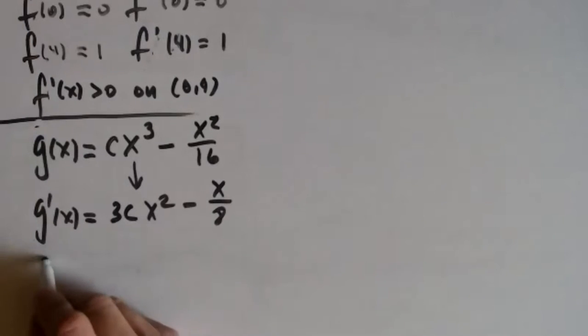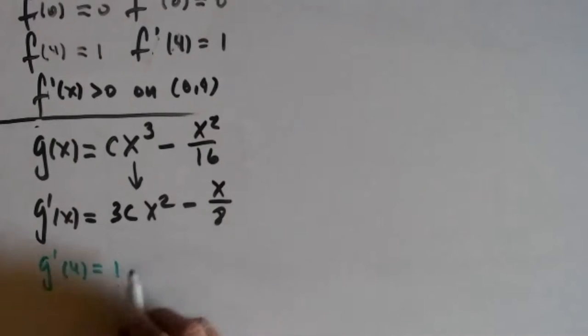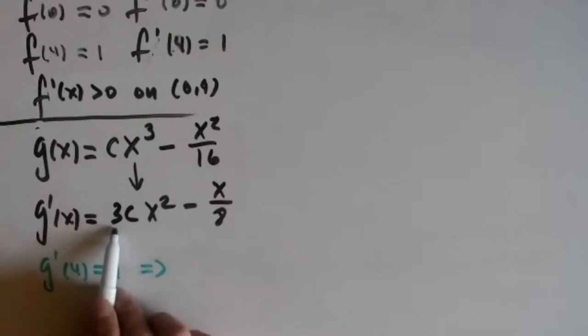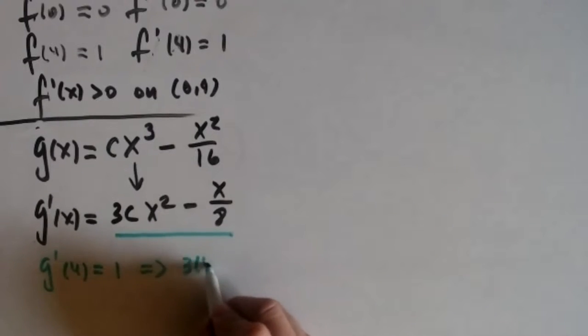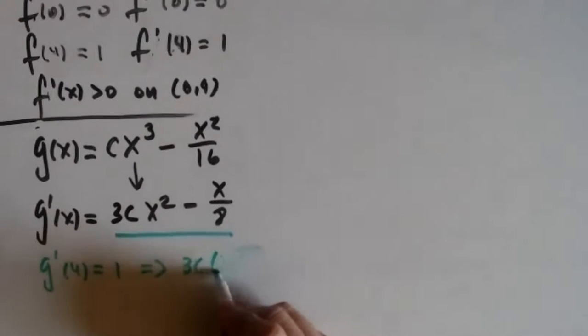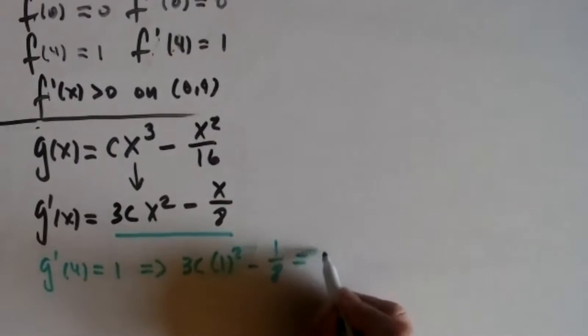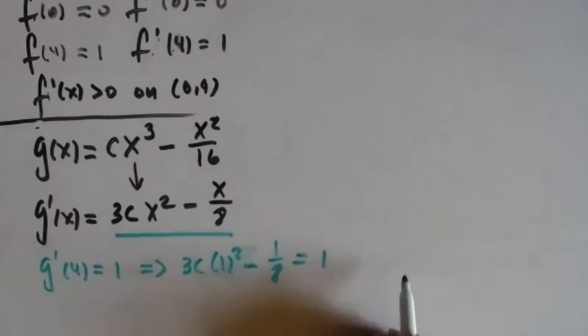Now I want the condition. The condition is g prime of 4 is 1. So I have to put a 4 here and make it equal 1. So 3c times 4 squared minus 4 over 8 equals 1.